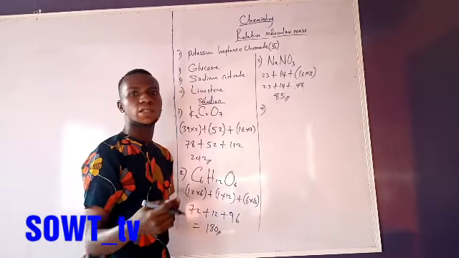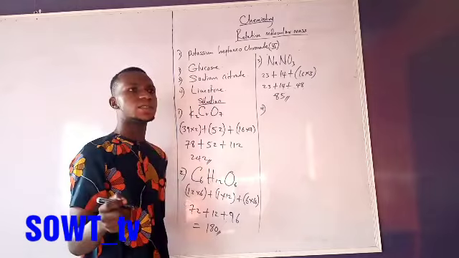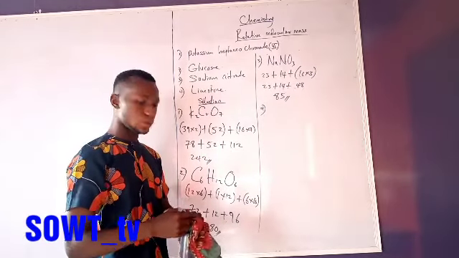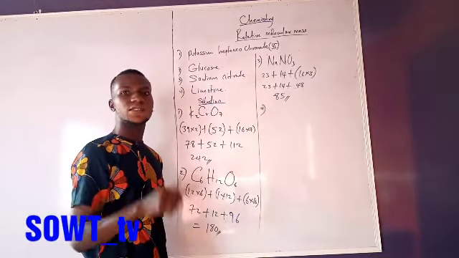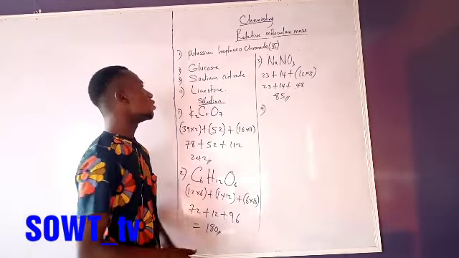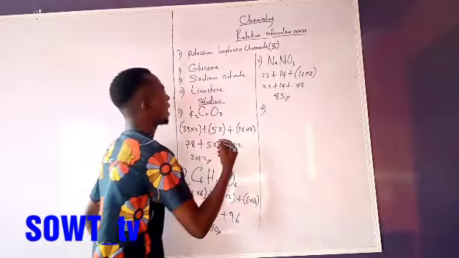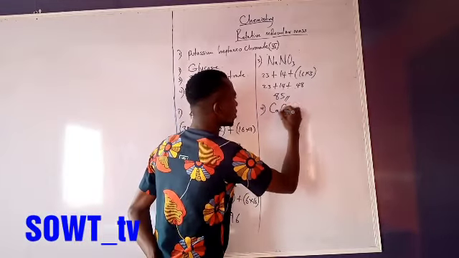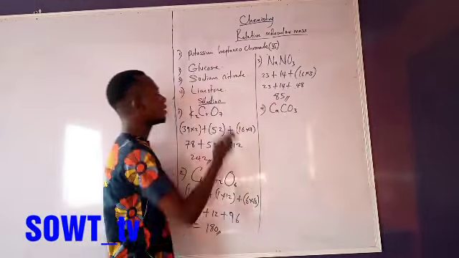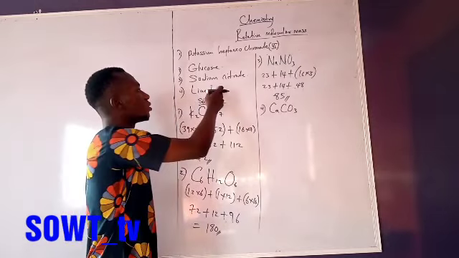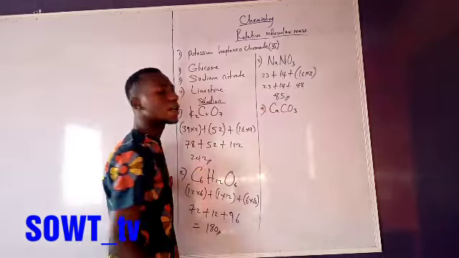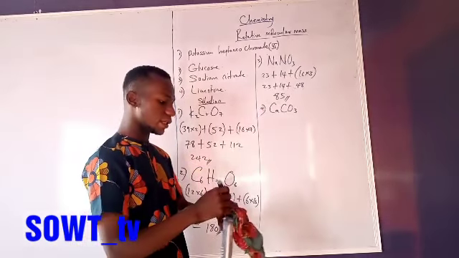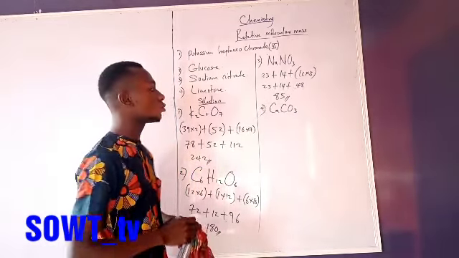The last question that we're going to solve for today is limestone. When students see limestone and are unable to write the correct molecular formula for it, that is where this failure starts. The molecular formula for limestone is CaCO3. I believe that you know limestone is the common name. The IUPAC name of limestone is calcium trioxocarbonate 4.